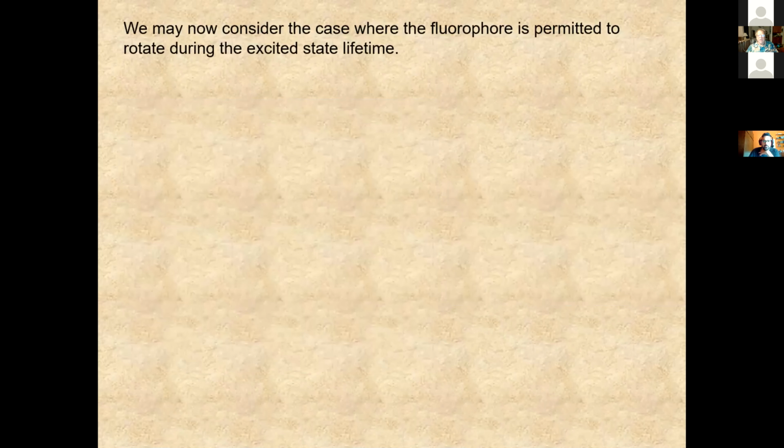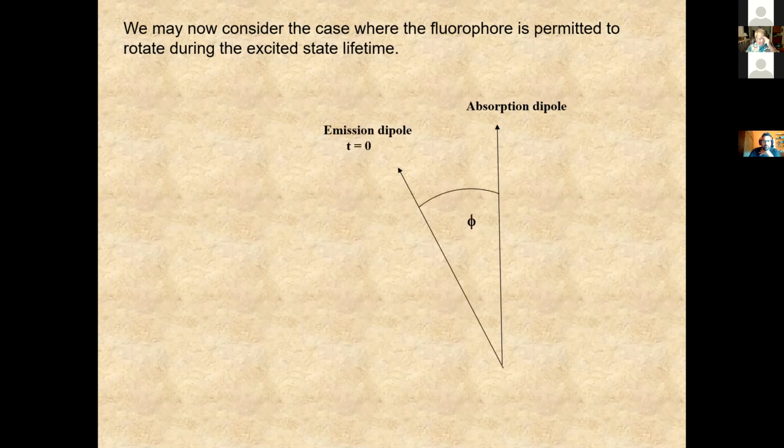Now let's consider what happens when the fluorophore can rotate during the excited state lifetime, because the fact is many of you probably aren't interested in only looking at samples in glycerol at minus 60 degrees centigrade. Well, we might have the absorption dipole and the emission dipole may already be at a slight angle. But during the excited state lifetime, we can have rotation of the molecules, so the emission dipole can change.